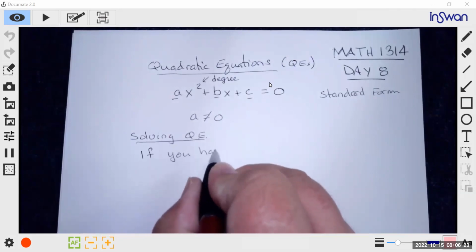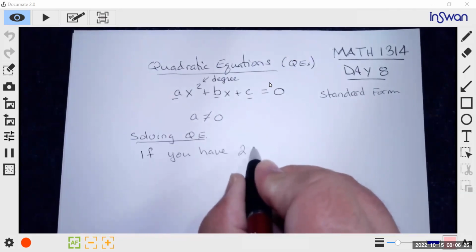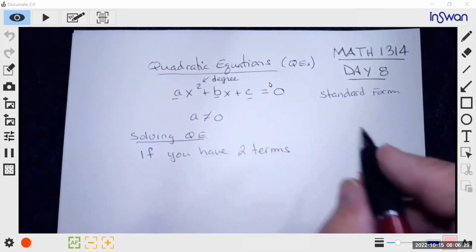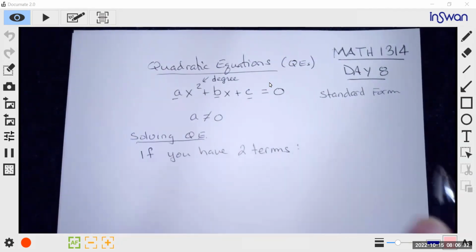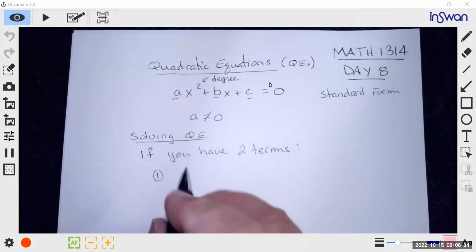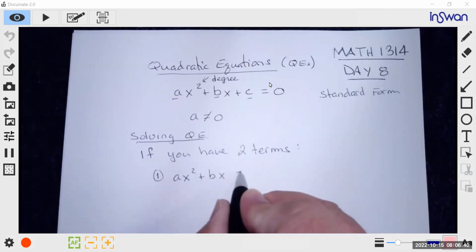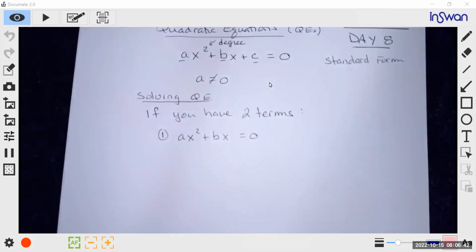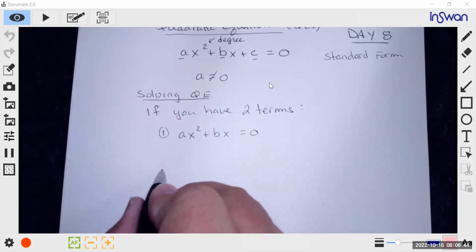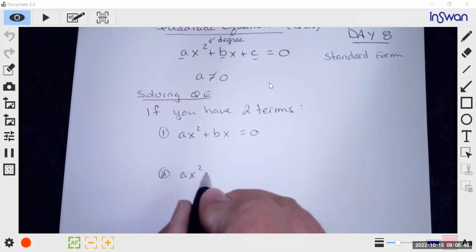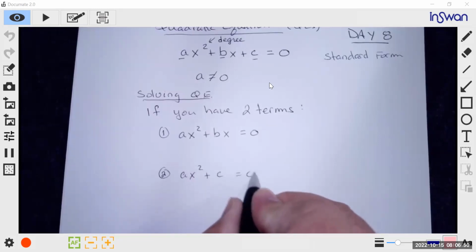If you have two terms, it could look like this, or it could look like this.